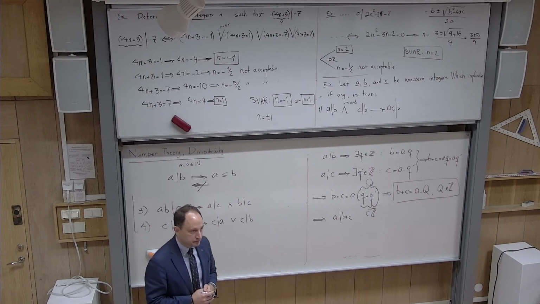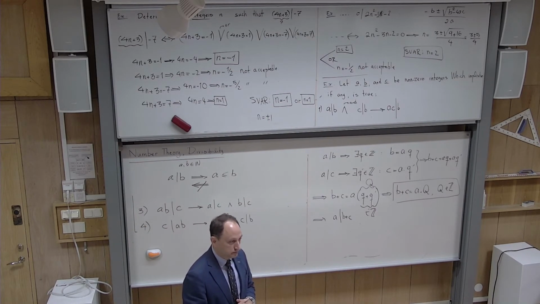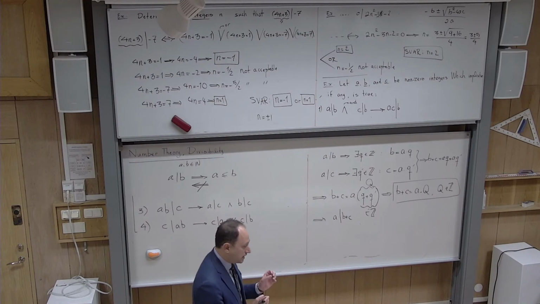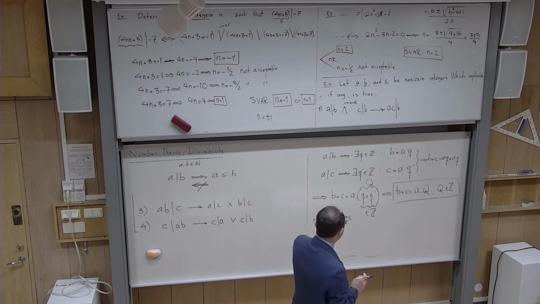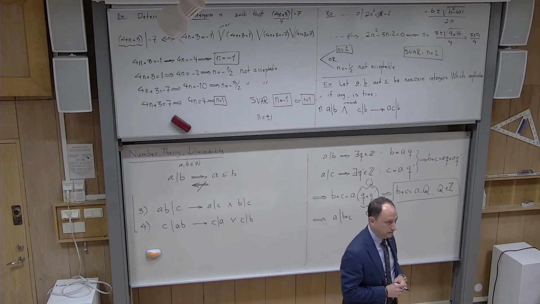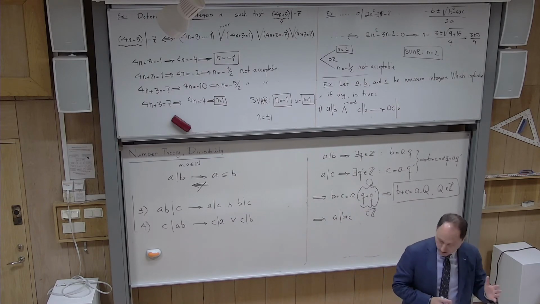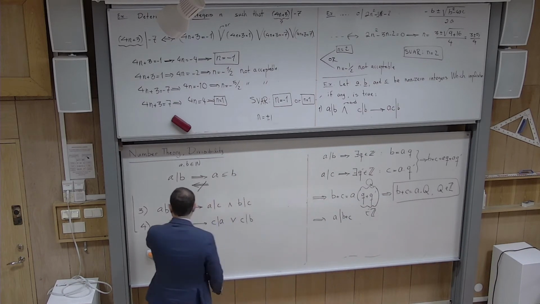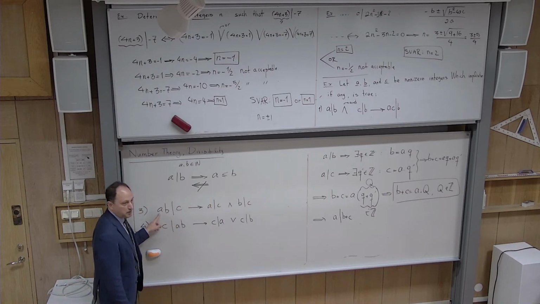Yes, but already it has to be something that can be divided. Oh, exactly. So what I'm saying is that if you understand it, you have to write it in this way eventually. Yes? So what you are saying is this. You are saying that C is divisible by AB.